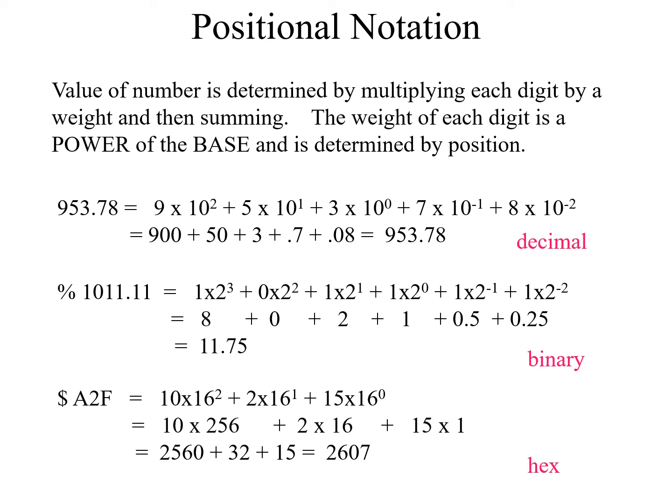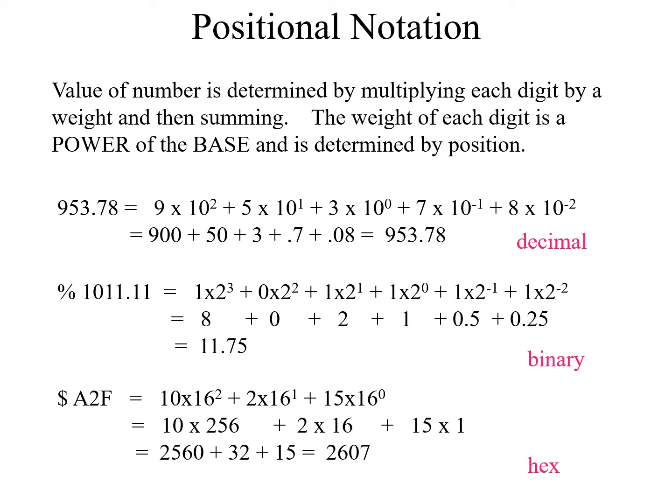The first digit is 7 which is multiplied by 10 raised to power minus 1. Here the power does not start from 0, it is a negative power, that is minus 1. Then plus 8 multiplied by 10 raised to power minus 2. When these products are summed up, we find the number 953.78.